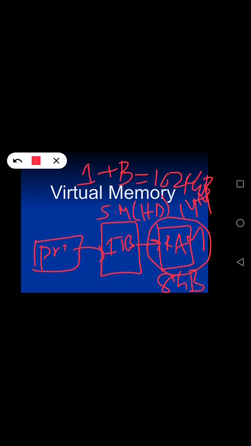If that program wants to be executed, it has to be transferred from secondary memory to main memory. But there is a limitation on the size of the main memory, for example 8 GB.